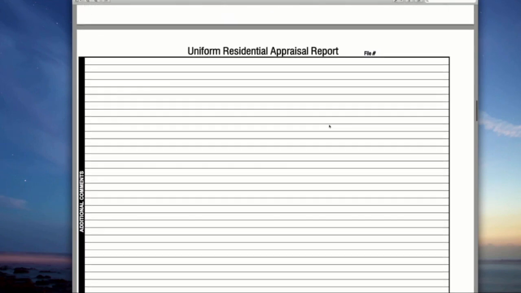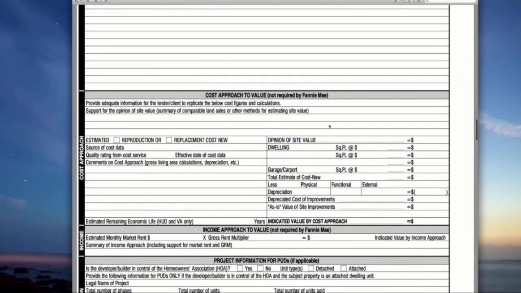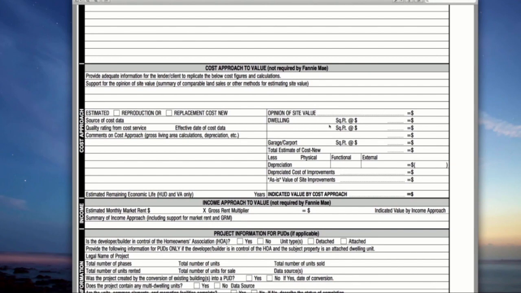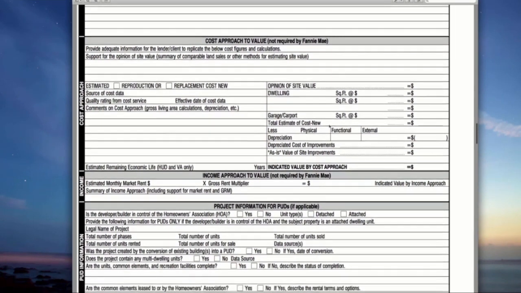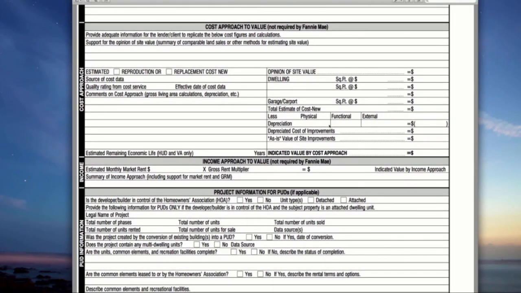Reconciliation, that's just going to tell a reader of the report what was the appraiser's opinion of value. And this is where everybody has a hard time understanding that if the subject is selling for $100,000 and I have 3 identical homes that all sold for $100,000, and I come down to this line and I say, it's my opinion it's only worth $50,000, you can't challenge that because that's my opinion.